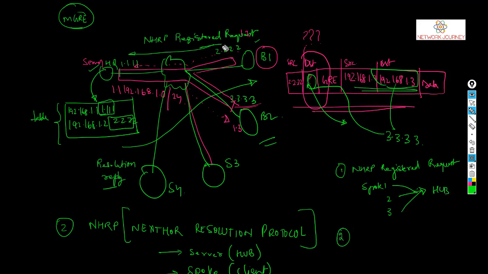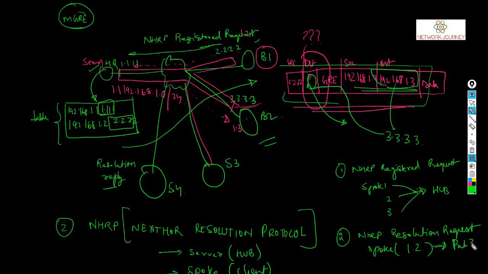Step number 2 is when spoke 1 wants to communicate with spoke 2. Now spoke 1 will send this kind of packet asking what is the right public IP behind this private IP. That will be sent via the NHRP resolution request. This is where the spoke asks that I have this private IP 1.2, what is the public IP for this?